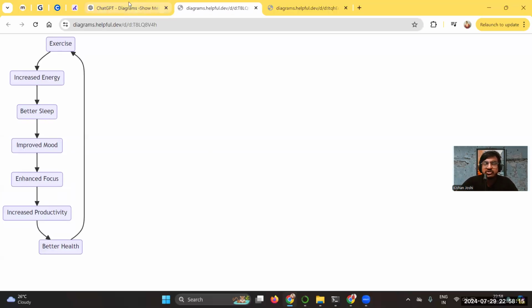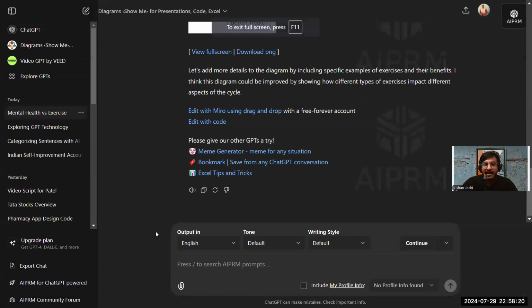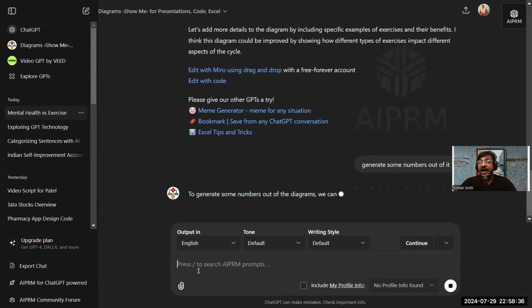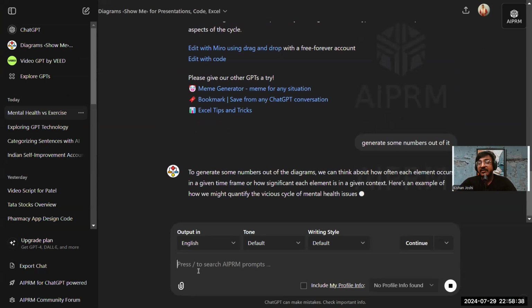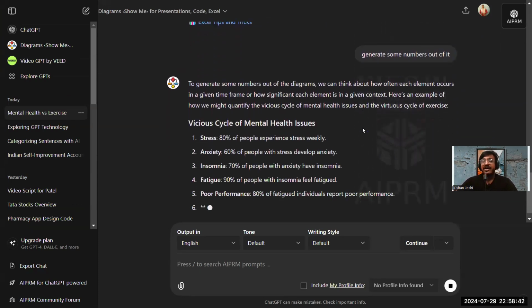So now go to the show me section. I want to generate some numbers out of it. I don't know what I typed, but let ChatGPT give the answer, then we will realize things.